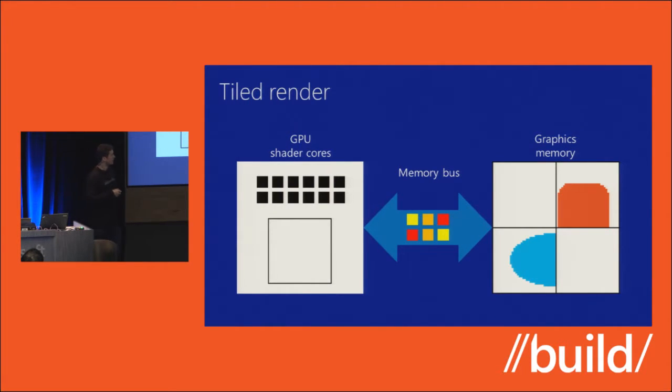So in this case, these 3 tiles are already rendered. We're going to take this tile, copy it across the memory bus to the tile cache on the GPU shader core. Rendering will use a high-speed bus locally on the GPU to do all the rendering, occasionally reading from main memory as you sample from textures, for example.